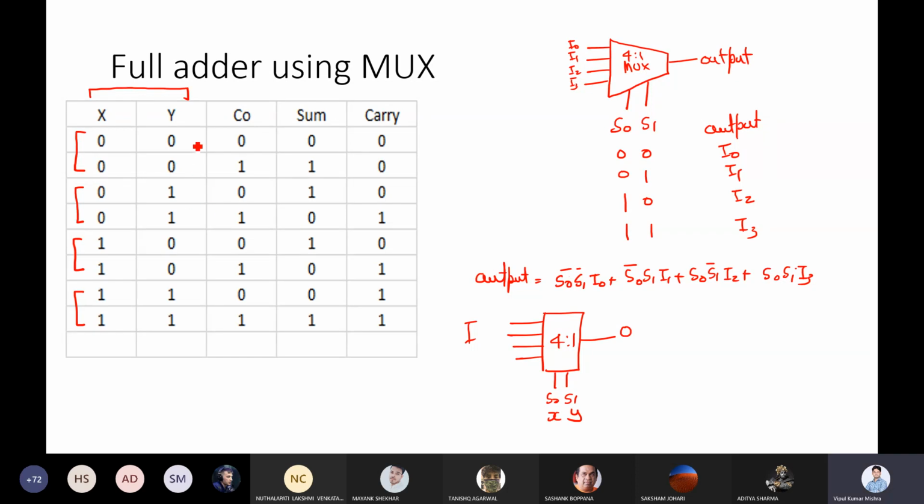You can check this. So I'm talking about this group. In the first group, this is 0, 0, this is 0, 1, this is 1, 0, and this is 1, 1. Got it? Anyone, any doubt in this XY pairing?